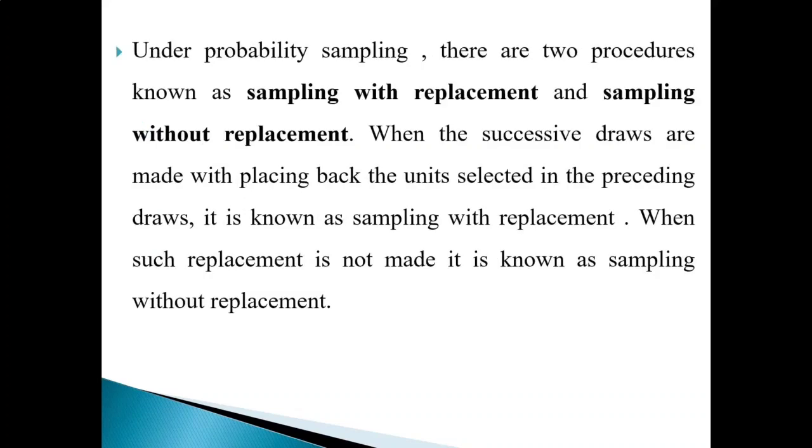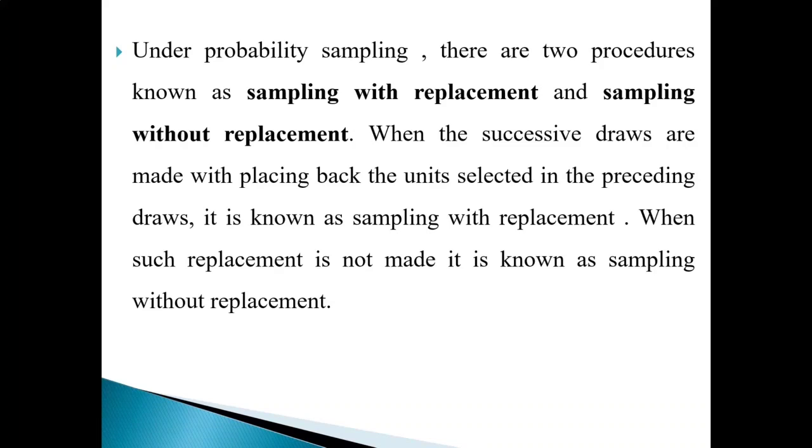In this particular slide, whenever we have to draw a sample from a population, it will be either sampling with replacement or sampling without replacement. Replacement means that if we draw one unit from that particular population and then put that unit back into the population, it is sampling with replacement, because we have replaced the drawn unit in the population. But sampling without replacement means the unit that has been drawn is not replaced again.